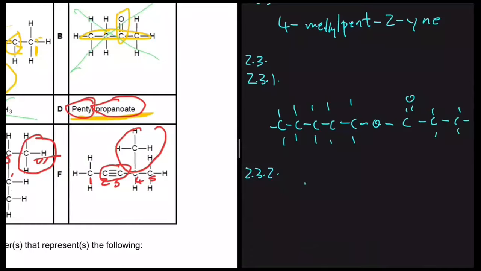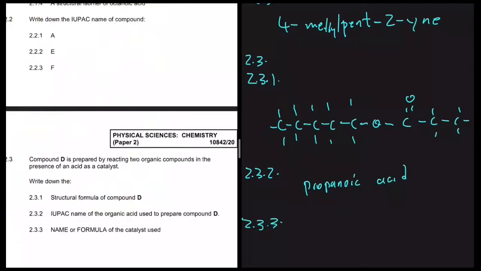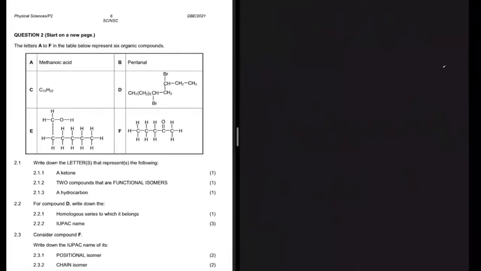So 2.3.2, the answer is propanoic acid. And if the question was saying let's name the alcohol, then it was going to be pentanol. 2.3.3 says let's name or give the formula of the catalyst that is used, right? In esterification, we always use H2SO4 or sulfuric acid.